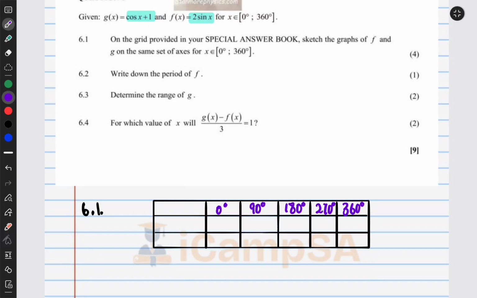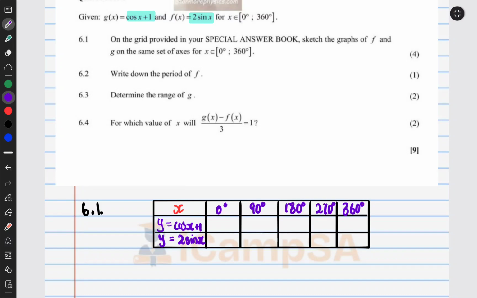Okay, so once we have that, we're just gonna use y for both of them. This was our x here, the one in degrees. For the corresponding y values, we're gonna say g of x is cos x plus 1, and the other one is 2 sine x. Okay, let's find the corresponding values for this.